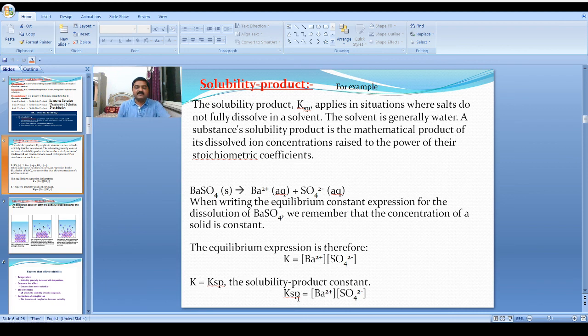So we can write Ksp equal to concentration of Ba2+ into concentration of SO4 2-. So this is the expression for the solubility product here. The question can be asked: explain the term solubility and solubility product.